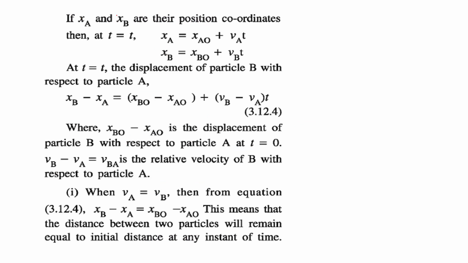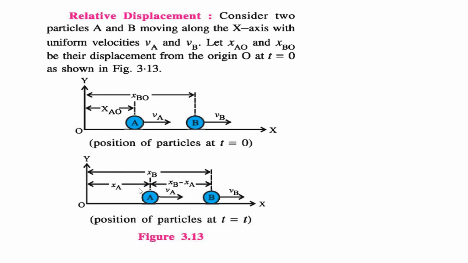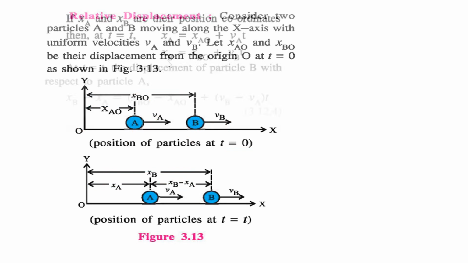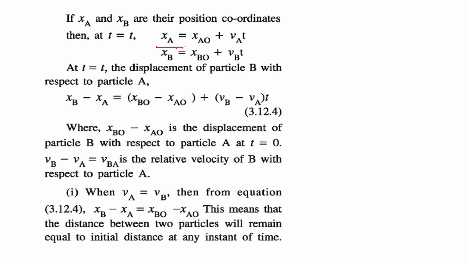So XA and XB are their position coordinates, and we can simply say that XA is nothing but XAO, this distance, and the distance A has travelled in time t. So VA into t.